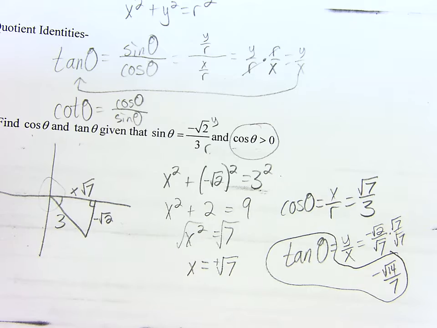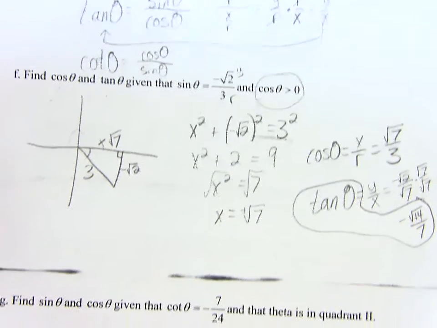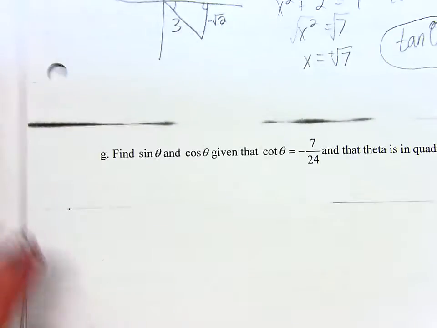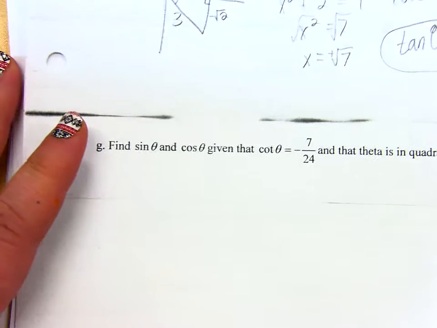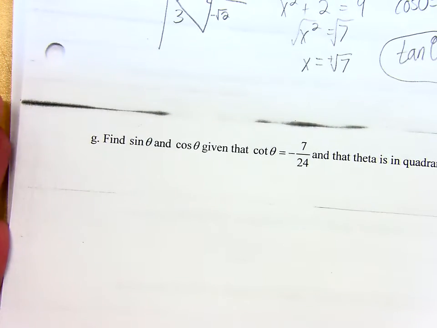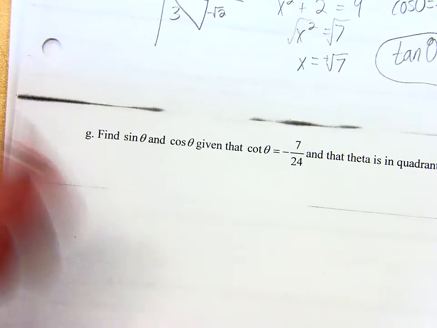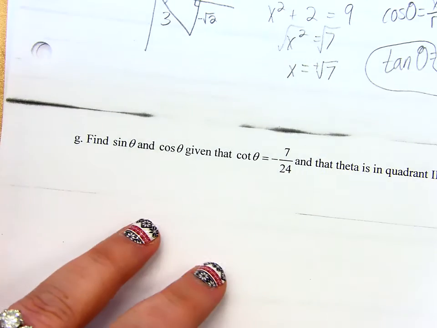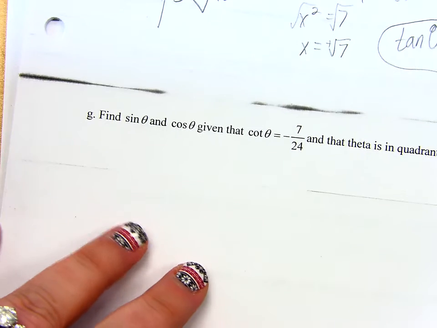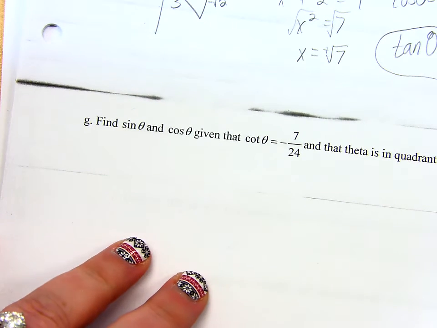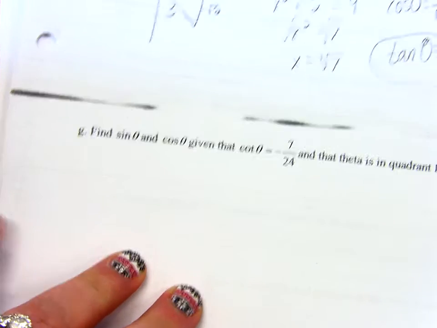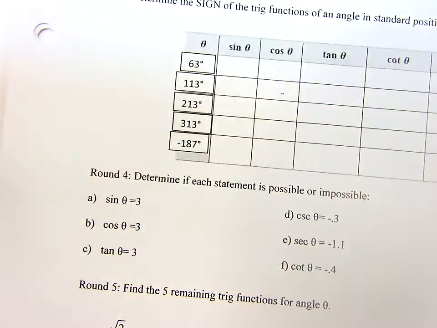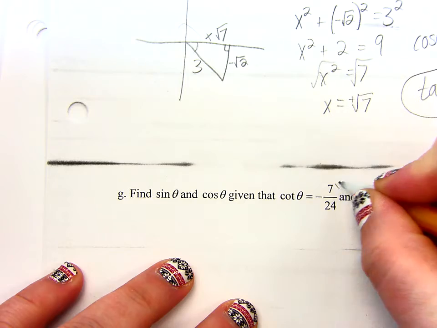So I'll help you set up G. Find sine and cosine given that cotangent is equal to that and theta is in quadrant 2. Okay. Well, cotangent is x over y.